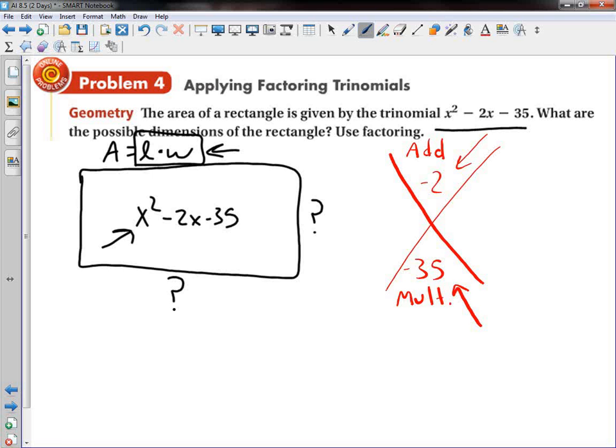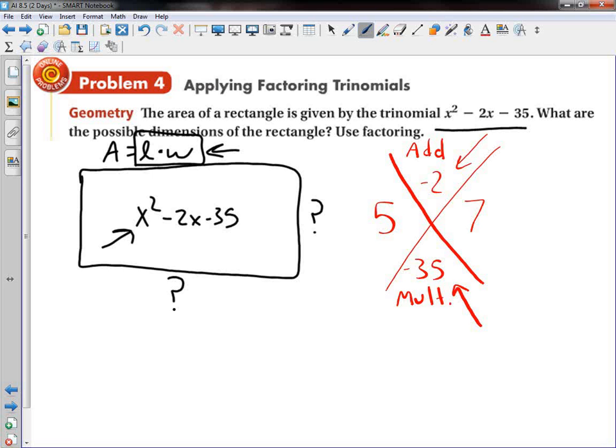Well, 1 and 35 are obviously not 2 apart. 2 doesn't go into 35, 3 doesn't go into 35, 4 doesn't go into 35, but 5 does. 5 and 7 go into 35. Good news is those are two apart.